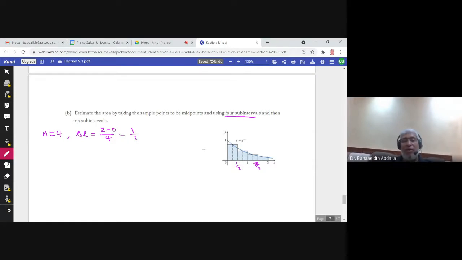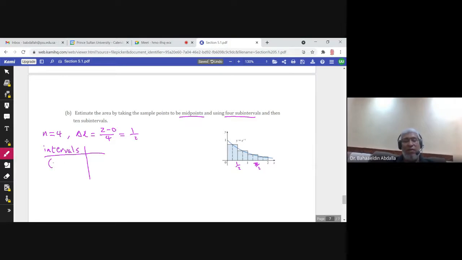But what about the height? Which are we using, right or left? No, we're using midpoints. So I need to find the midpoint between 0 and half. Let me make a table for the sake of illustration.